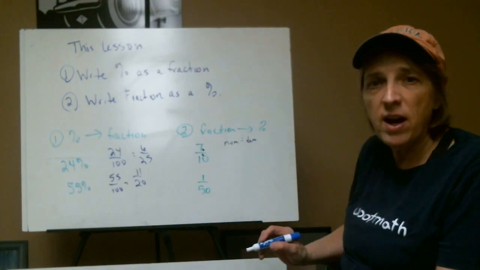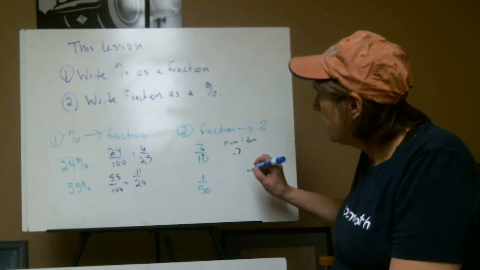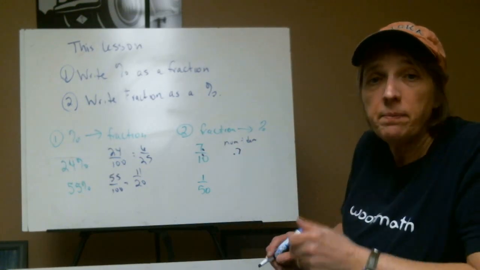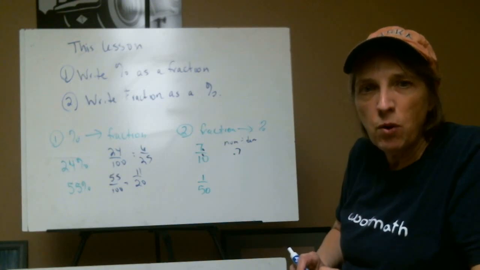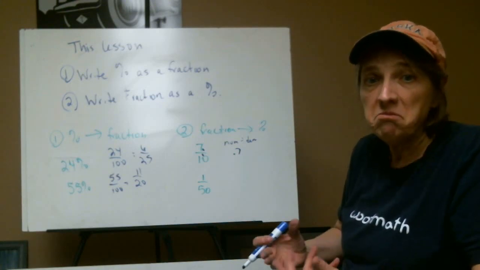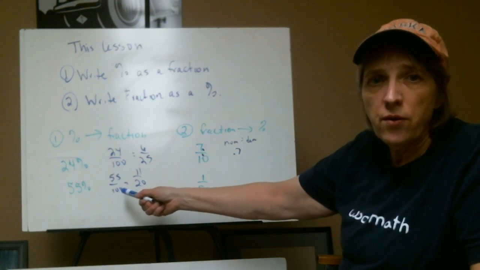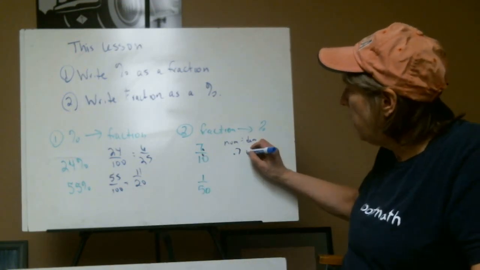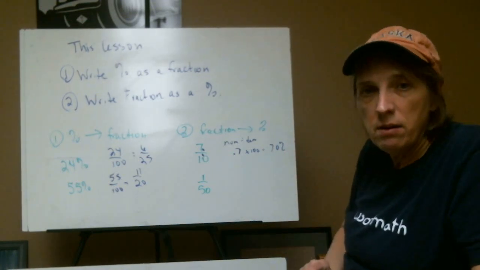So 7 divided by 10. Now that becomes 0.7, right? But that's not a percent until we multiply it by what number? Right, 100. So over here, we write it over 100. Here, after we divide, we multiply it by 100, and it becomes 70%.